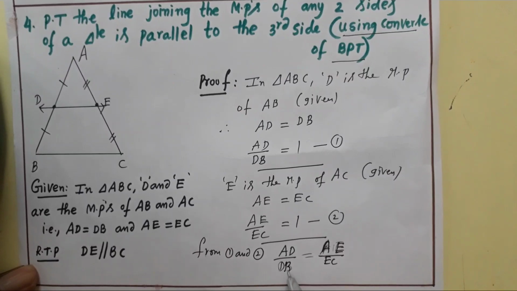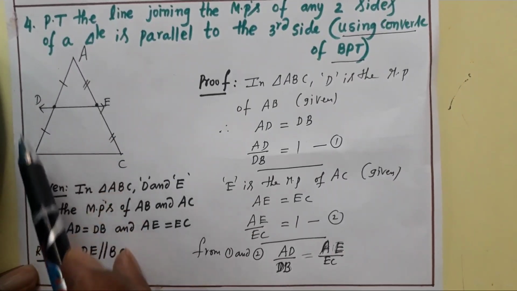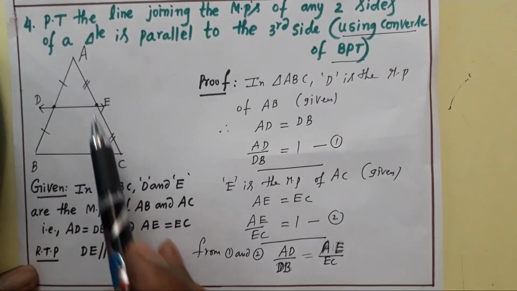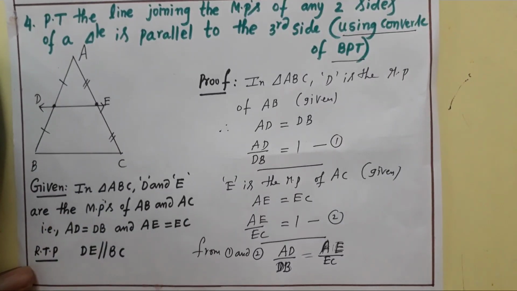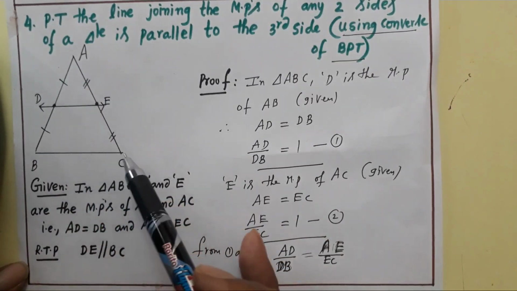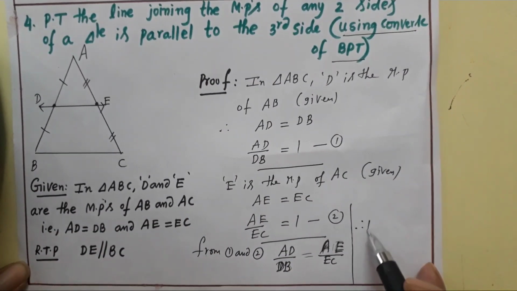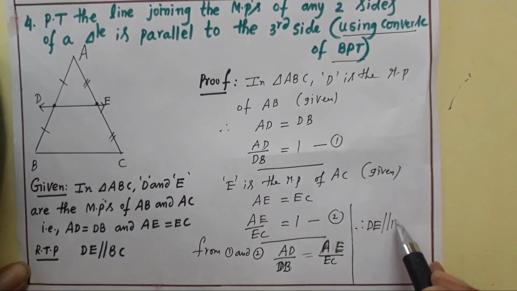Now you see the step, children. In the figure you observe AD by DB is equal to AE by EC we got. According to the converse of basic proportionality theorem, if AD by DB is equal to AE by EC, we can say DE is parallel to BC.